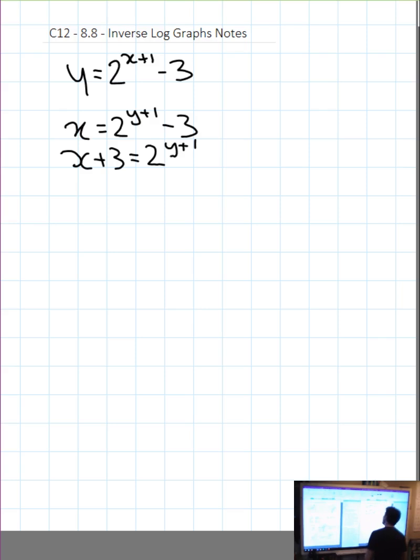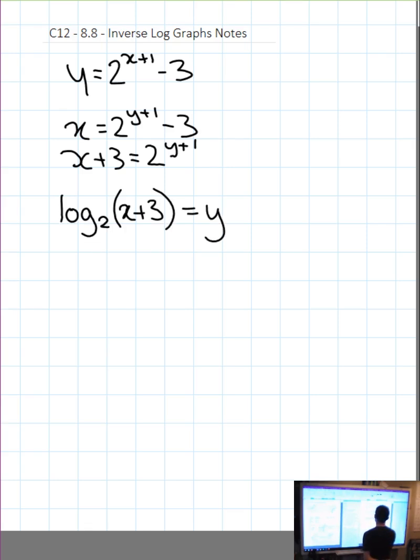Now I have something in exponential form. I can switch it to log form. The base of the logarithm is the base of the exponent. Now remember, I have to use brackets here for the x plus 3 equal to y plus 1. Geometrically in your head, you're going to be able to more simply slide this over to be this base and say 2 to the that equals the left-hand side.